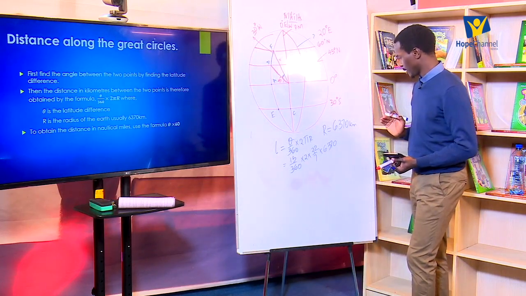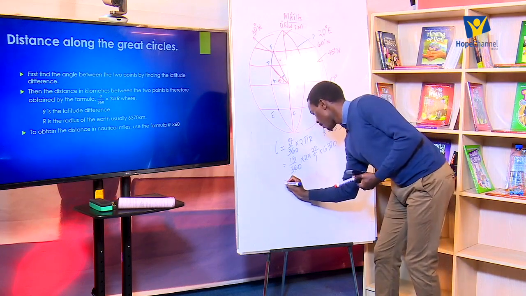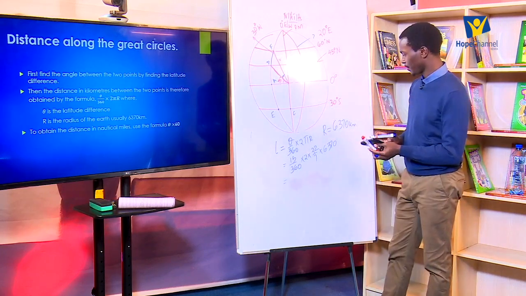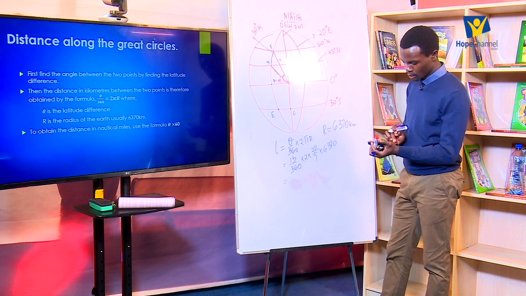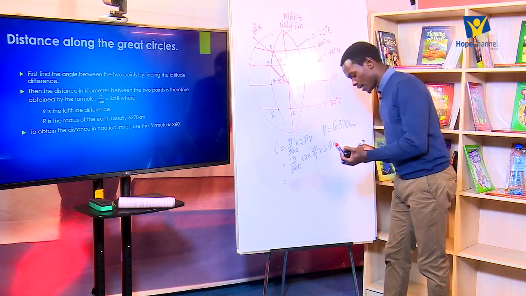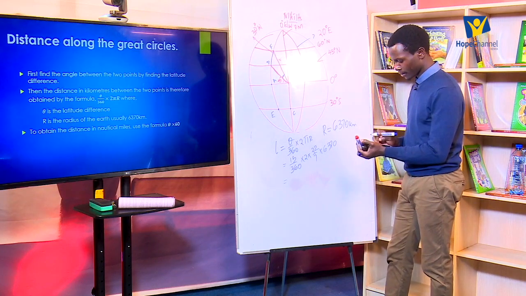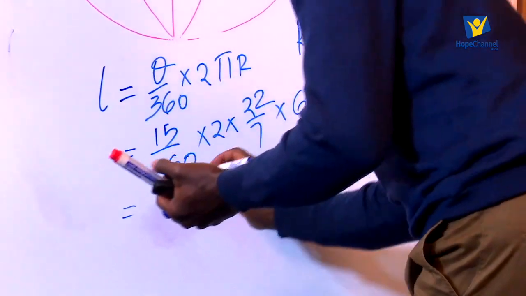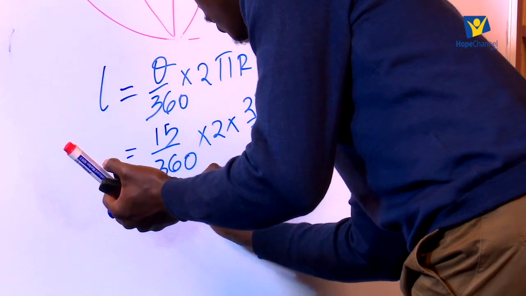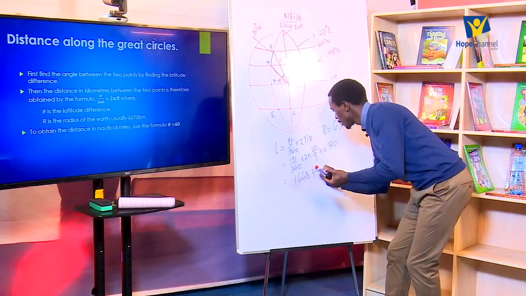After substituting correctly, you use your calculator to get the answer. Of course, we have 15 times 2 times 22 times 6370 divided by 360 times 7. It gives us the answer as 1,668.33 kilometers.